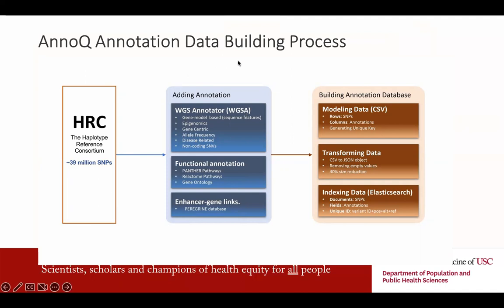And you can imagine, at the end of the day, this is a large matrix with a lot of rows as variants and columns as annotations. We then build this whole data set into the Elasticsearch framework, so that the goal is basically to make it more efficient for people to retrieve the data.